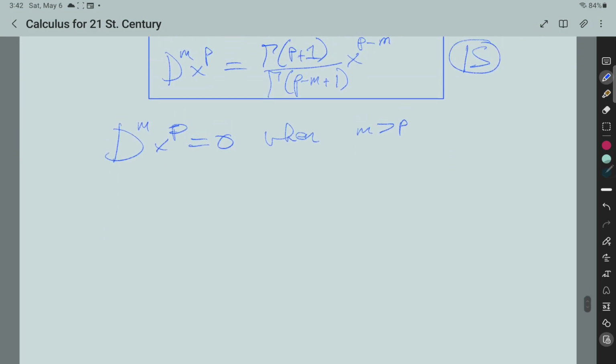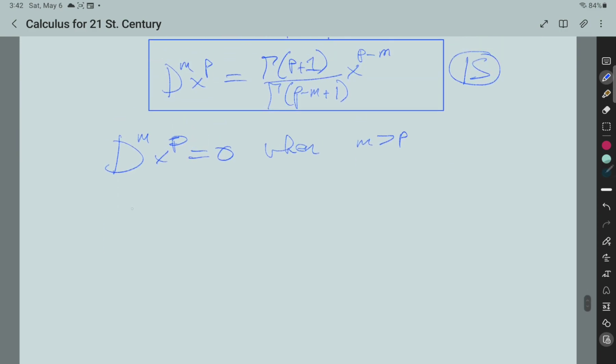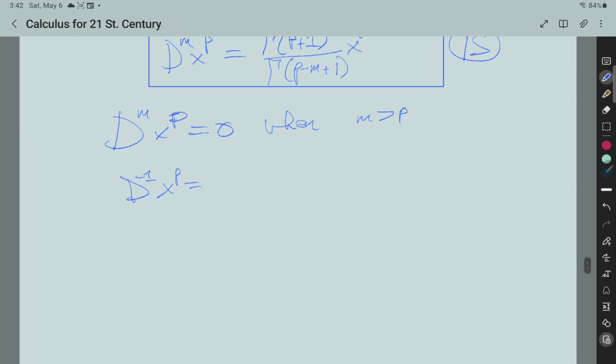Okay, so the other way is what happens if you have negative values, like d^(-1) on x of p. By the definition of this, this is the same thing as d^(-1) from 0 to x of p, and this is equal to the integral going from 0 to x.